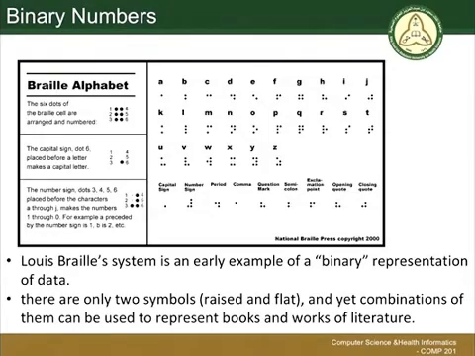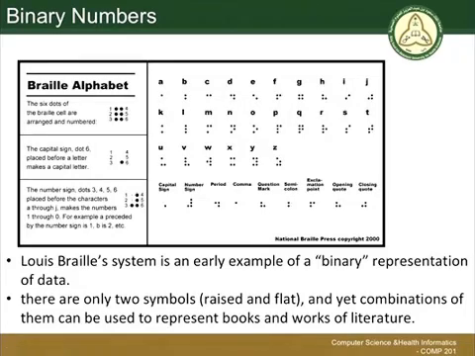So what do I mean by binary? Binary means two, by using two symbols. If we look at the Braille alphabet way of representing the characters of English, we can notice that we have two symbols. One is denoted by the black dot, and you can see some dots here that are wide or flat.